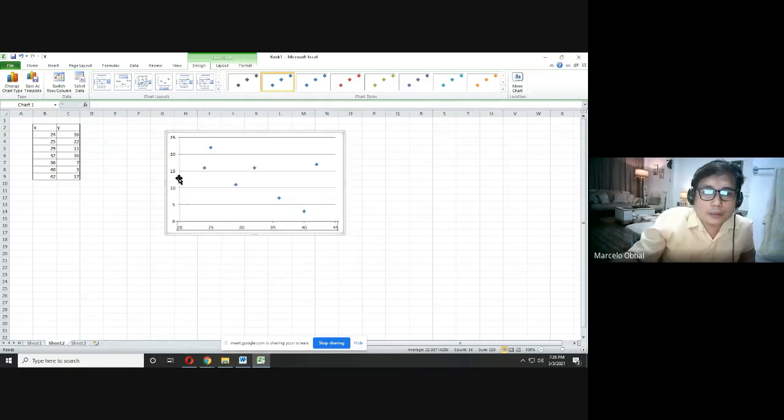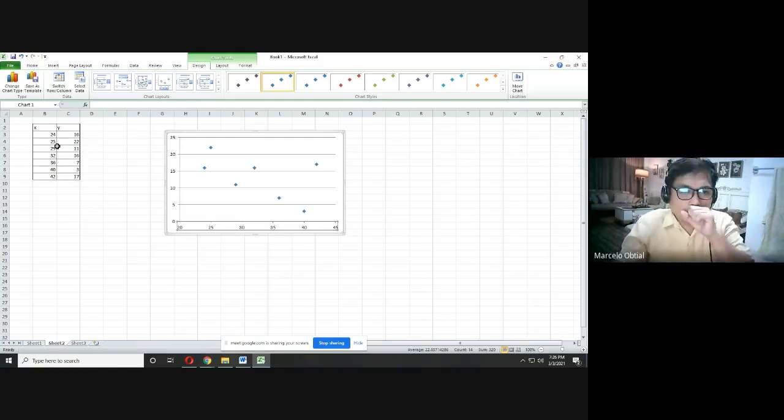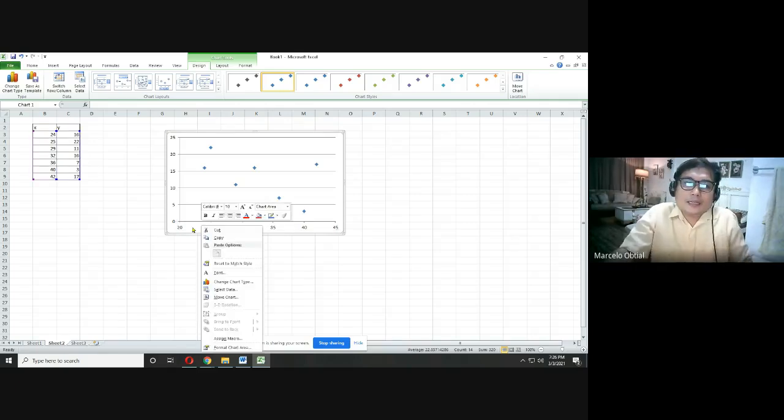Para mas klaro, in manual method, ipa-plot natin ito isa-isa. 24 yung x, ito yung x natin, yung horizontal. Again, yung y natin is yung vertical.